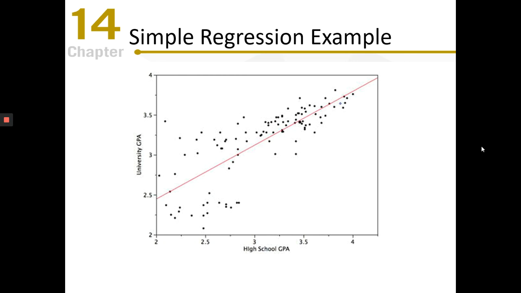Simple regression is just one variable, university GPA, being predicted by one other variable, high school GPA. Why do I say predict university versus high school GPA? Because this is on the vertical axis. Usually the dependent variable, the thing you are trying to predict, is on the vertical, and the predictor variable is on the horizontal.